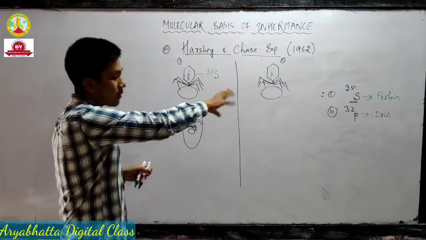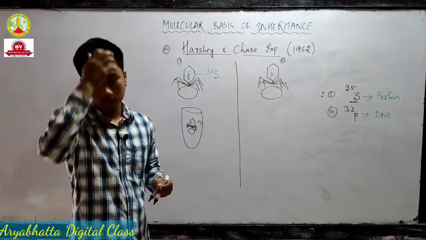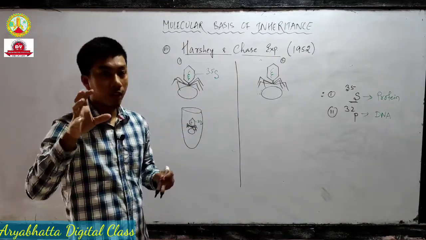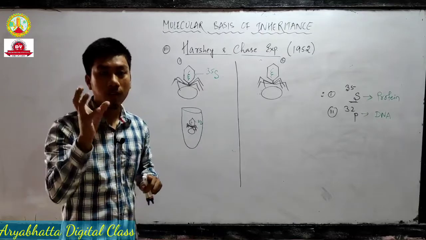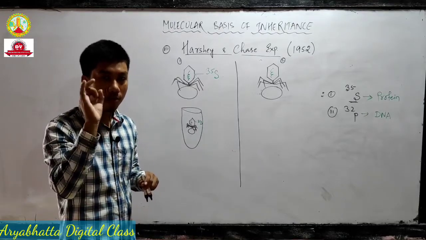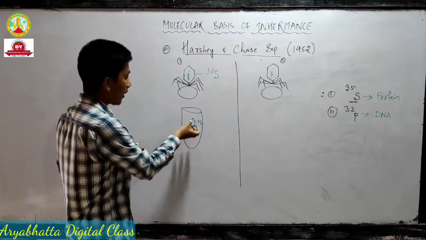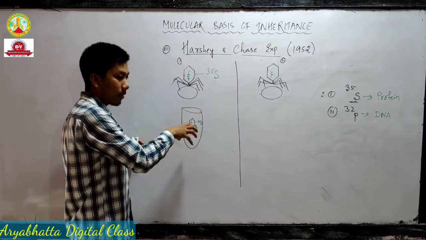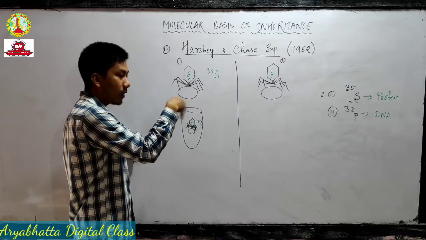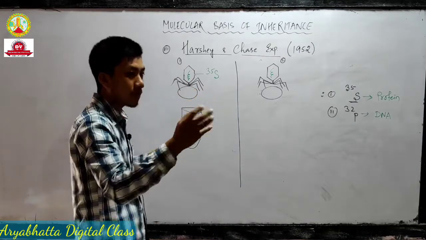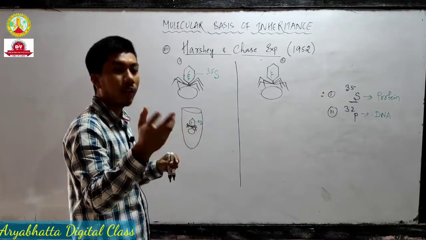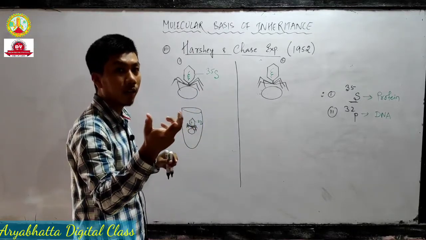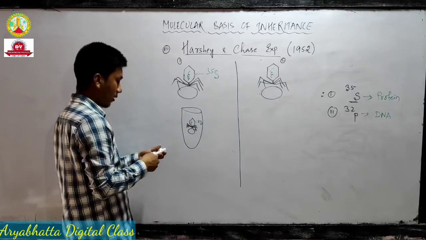Because these particles are very small, minute microorganisms, we cannot see them with our naked eyes. We need a microscope. To see where these cells are, we use the radioactive element. It gives some color, pinkish color, orange color.